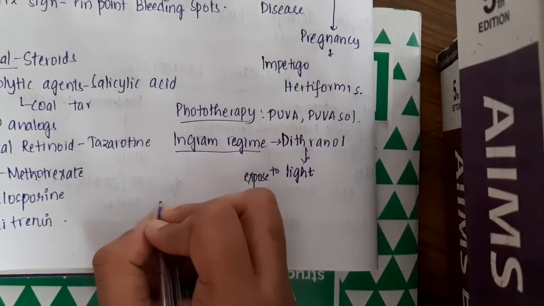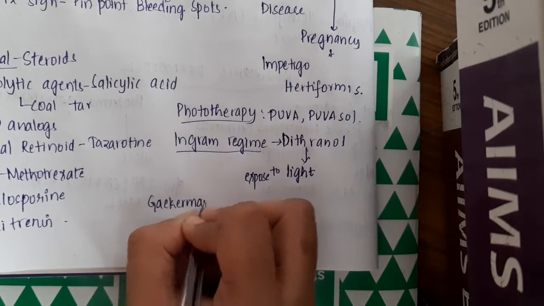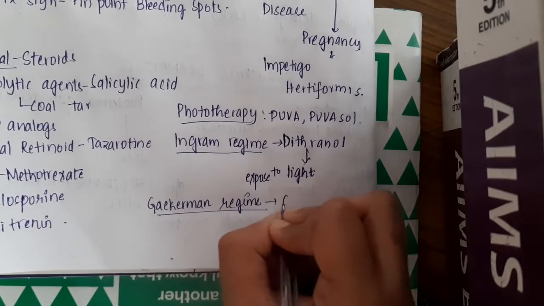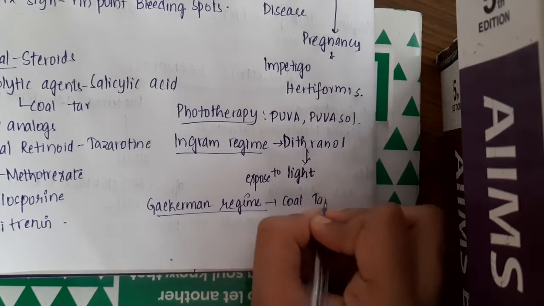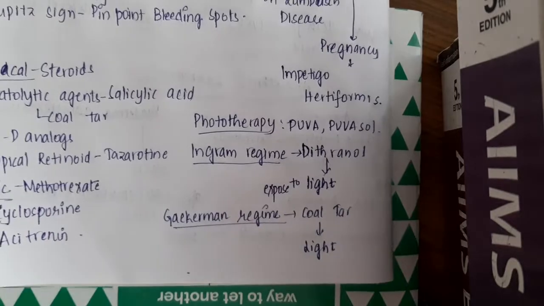That is Ingram regimen. Then we have Goeckerman regimen. In this regimen, you will first give the patient coal tar and then you will expose the person to light. So these are phototherapy.